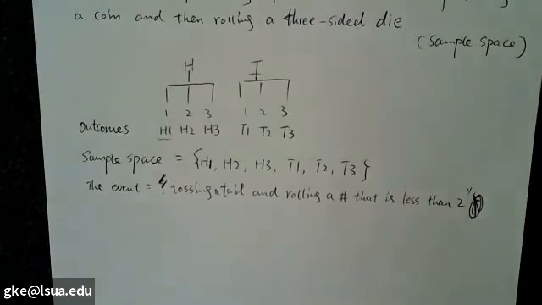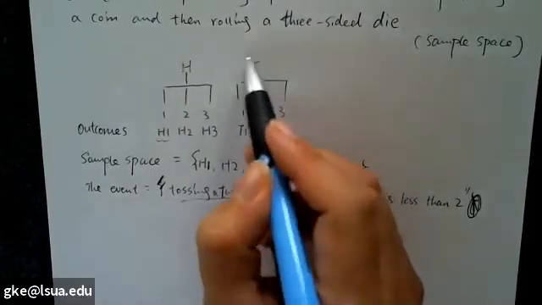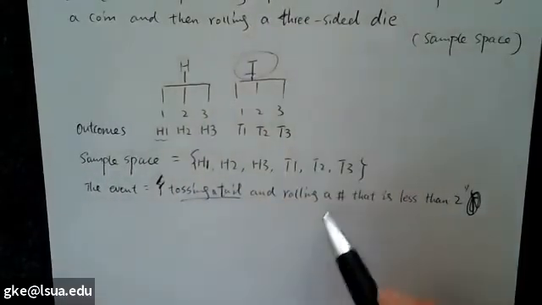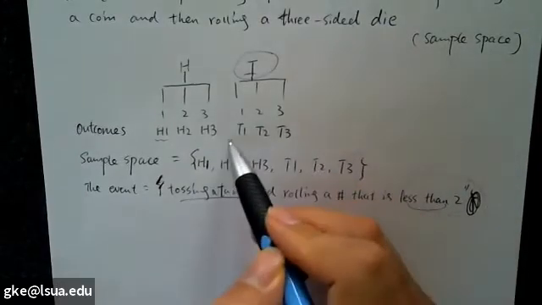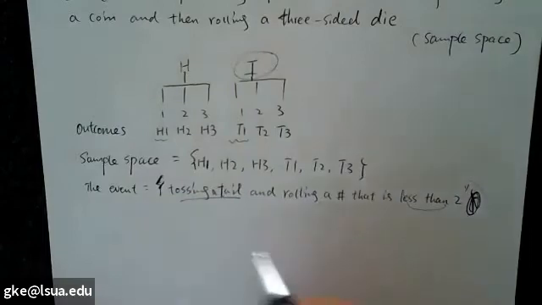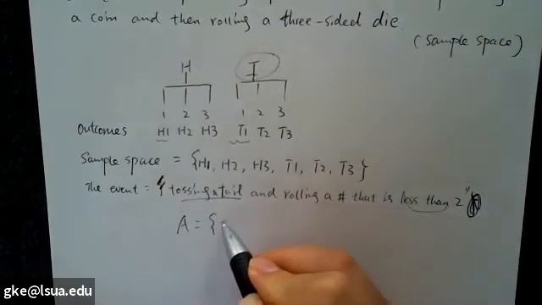Okay, I'm going to write down this answer on the board. I think it's pretty straightforward. Tossing a tail means it's T, right? And rolling a number that is less than 2 should be this one, right? So the event should be T1.